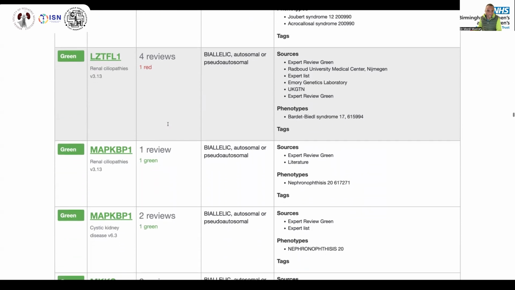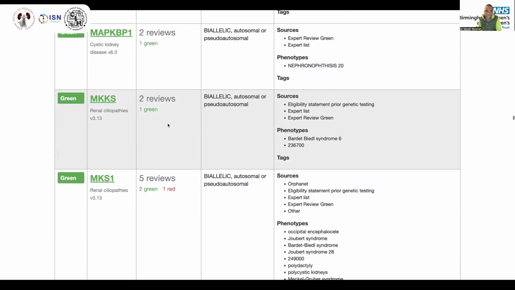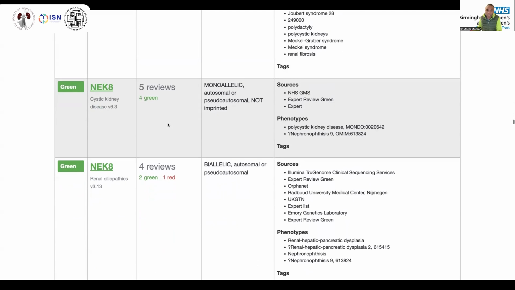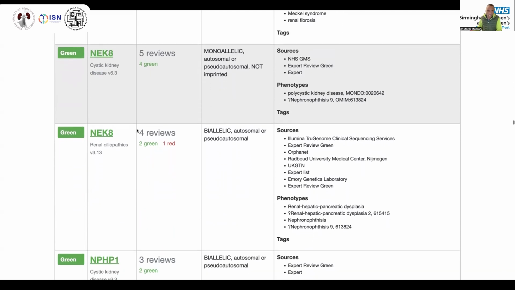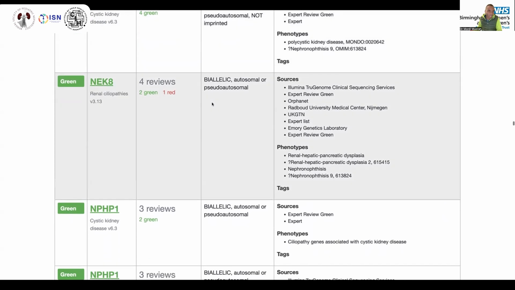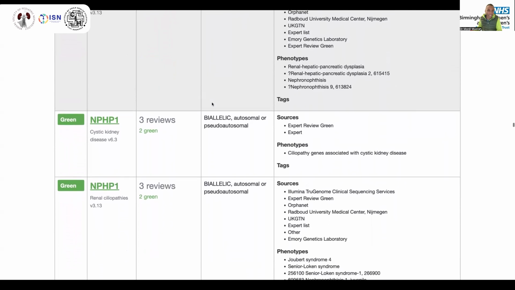The KIF genes are once again here. There's some other genes like NEC8, which used to be more strongly associated with nephropathies, but we're now increasingly recognizing that this plays an important role in polycystic kidney disease.